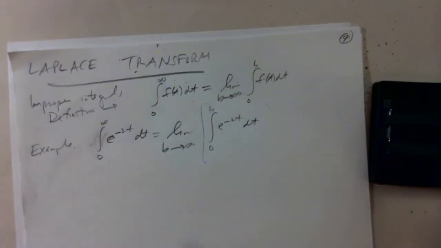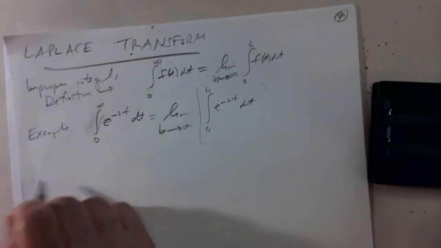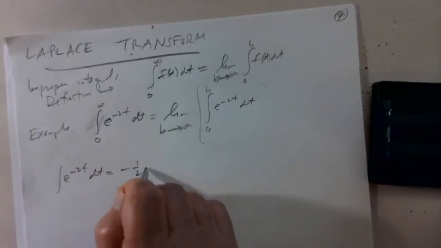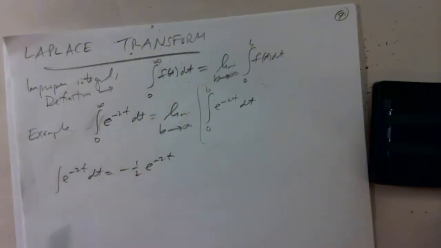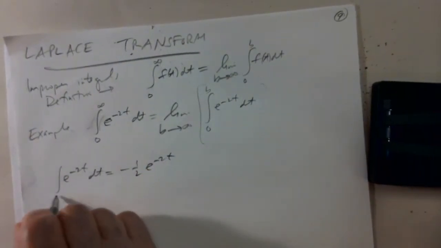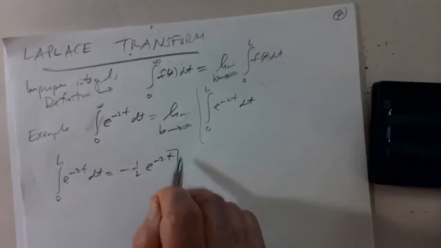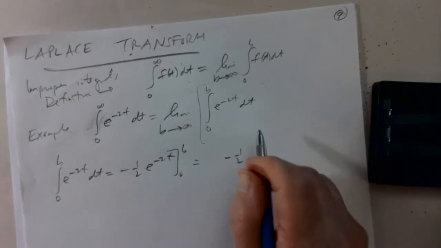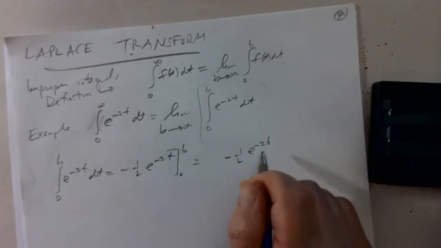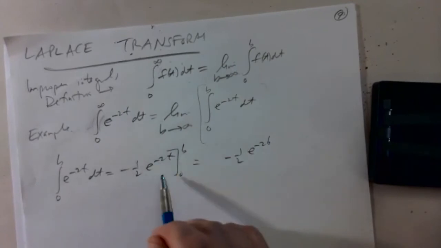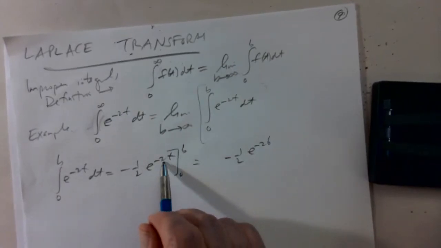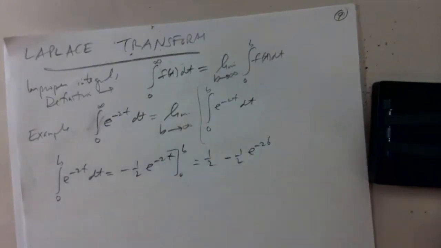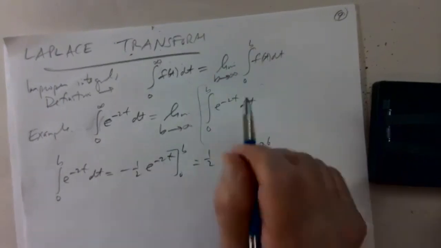So we need to calculate this. Well, the integral of e to the minus 2t dt is minus a half e to the minus 2t. This is the antiderivative. If you evaluate this from 0 to b, I get minus 1/2 e to the minus 2b minus this evaluated at 0. At 0, this is 1. So I get a half minus that. That's what this finite integral is.